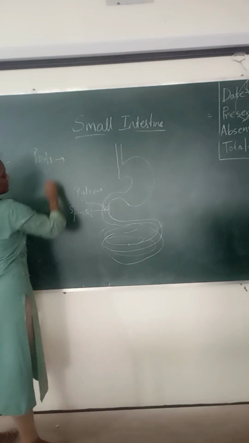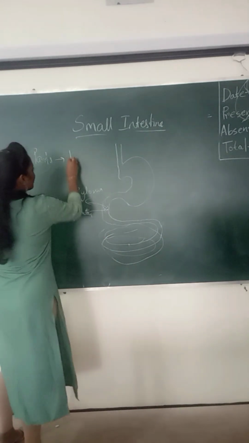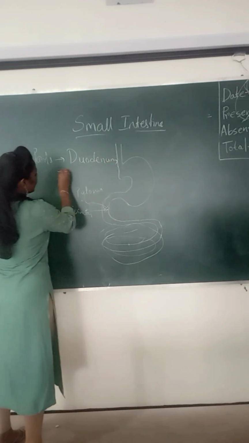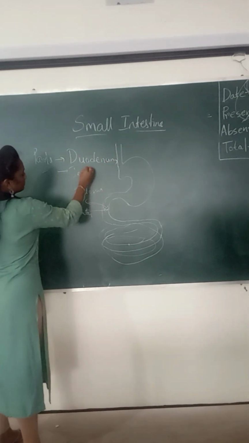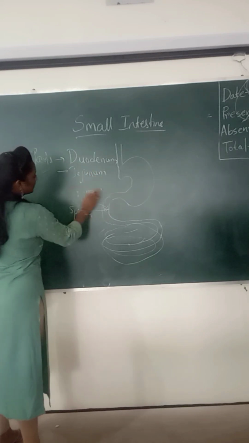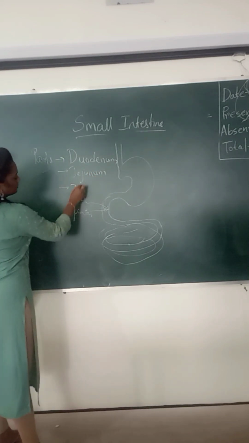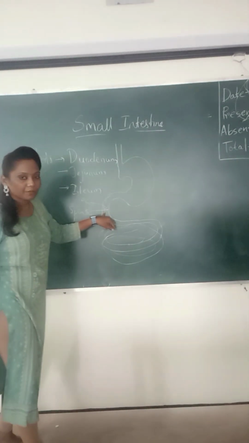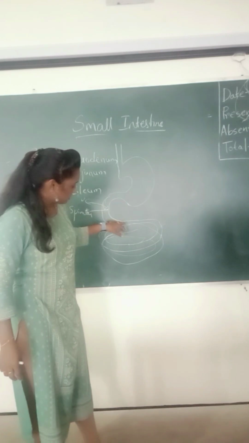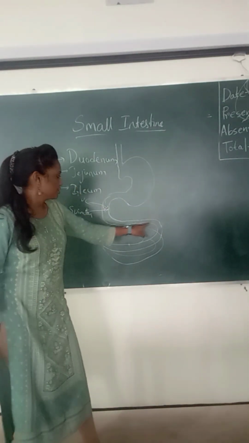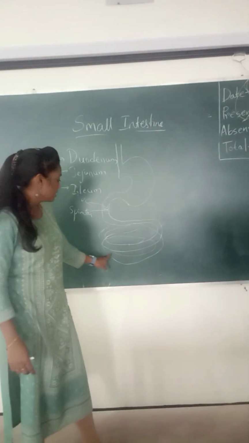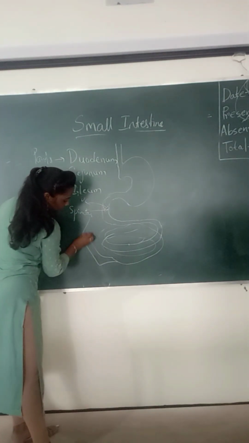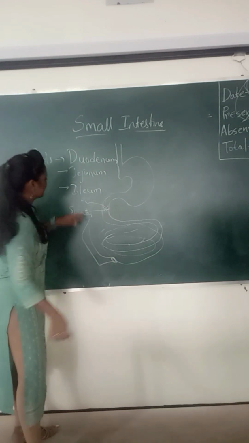The first one is the duodenum, the second one is the jejunum, and the third part is the ileum. Duodenum is the continuation part of the stomach, then in between is the jejunum, then the continuation part ending where the large intestine starts, this portion we call the ileum.